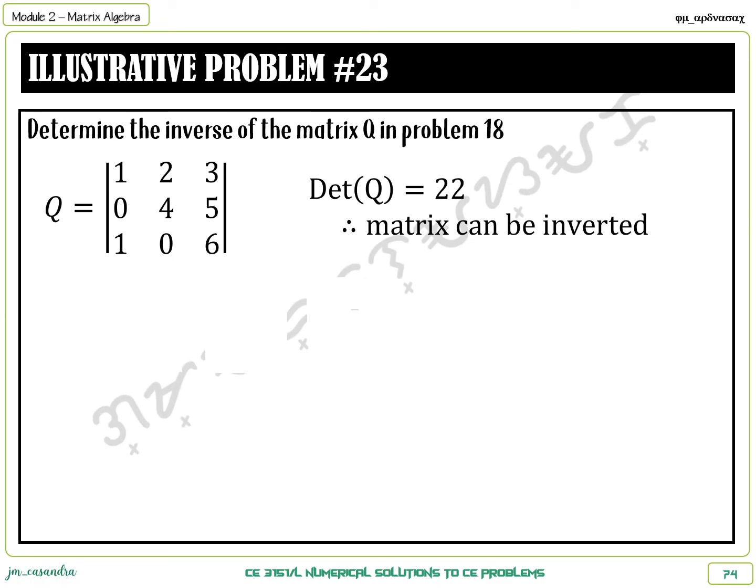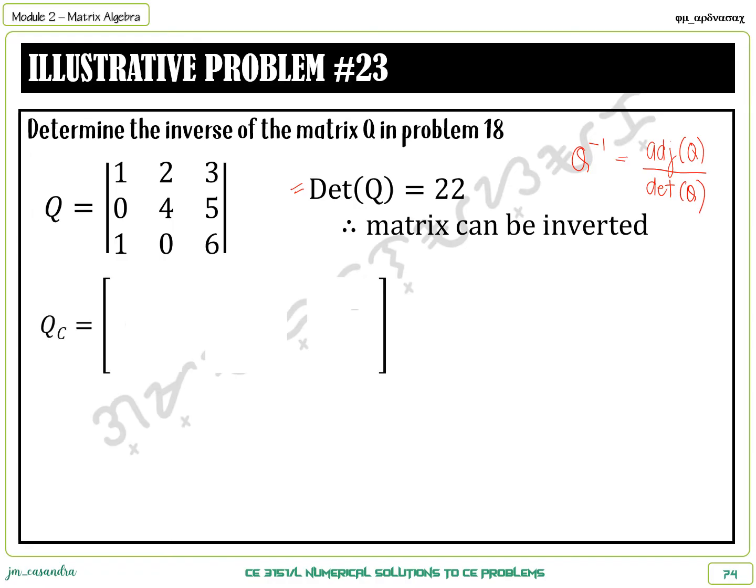To get the inverse of matrix Q, we have identified that the inverse of a matrix is simply equal to the adjoint of the matrix divided by the determinant of the matrix. We have identified already the determinant of Q, so what we need now is the adjoint of matrix Q. The adjoint is simply defined as the transpose of the cofactor matrix.